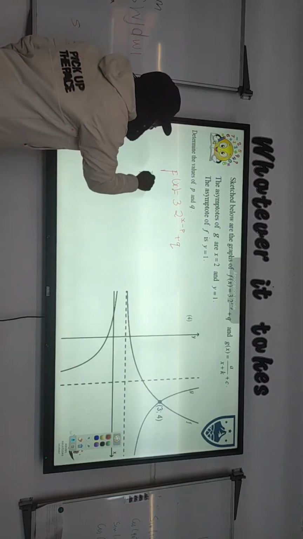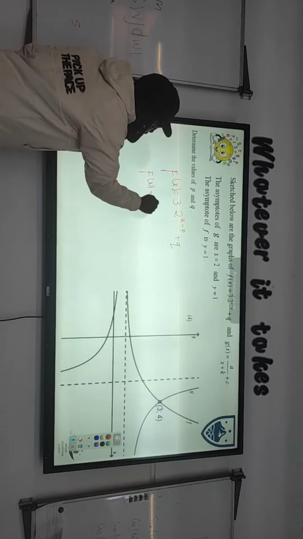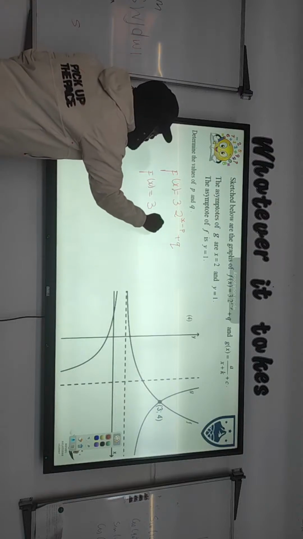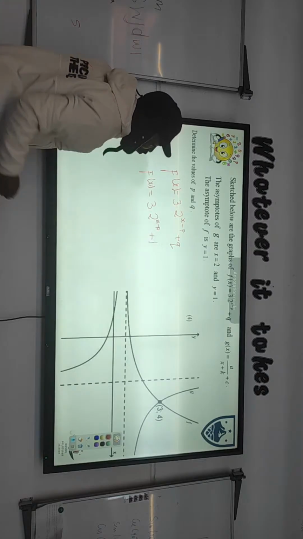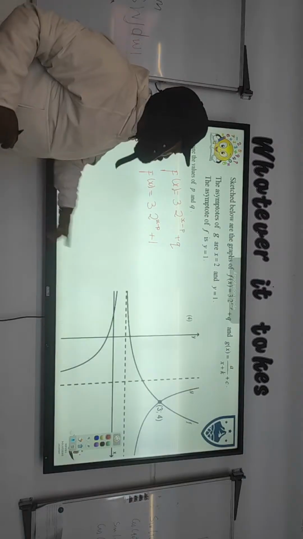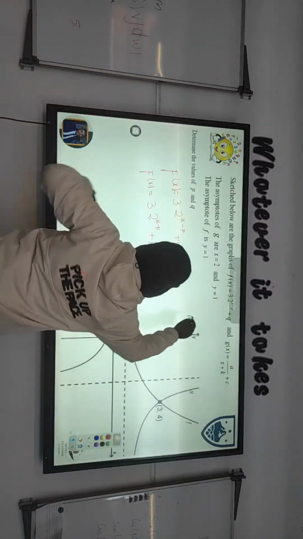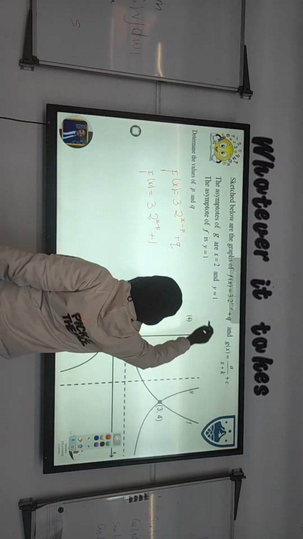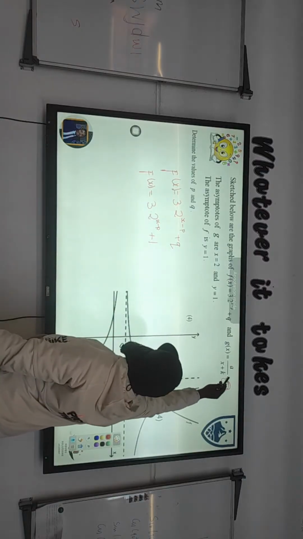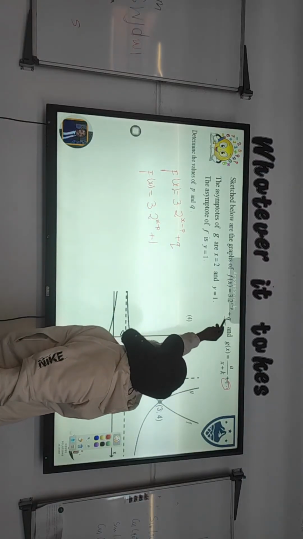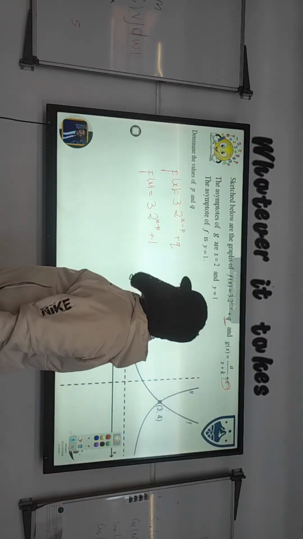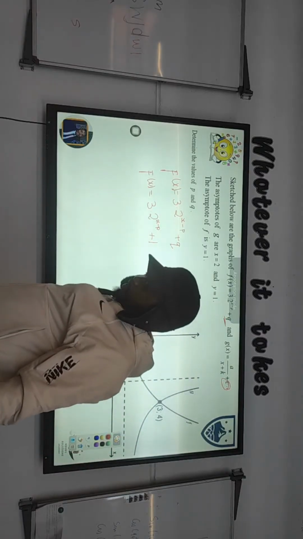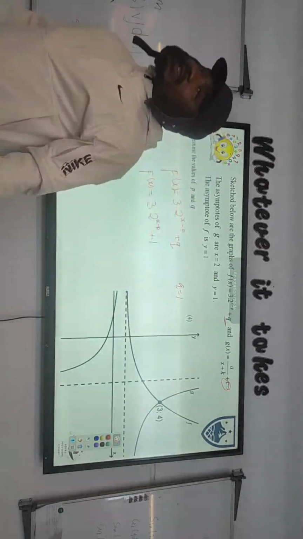So your f at x is 3 multiplied by 2 to the power of x minus P and then plus 1, because your asymptote is your Q. It's Q here, it's also Q on the side. So now we have the value of Q. Q is equal to y, because that is the asymptote.